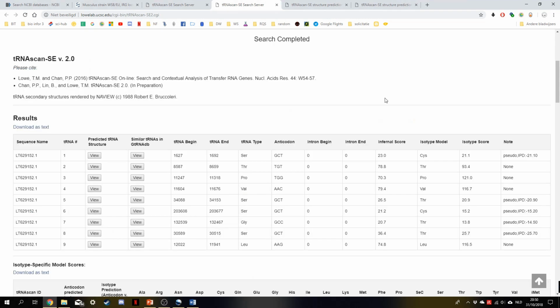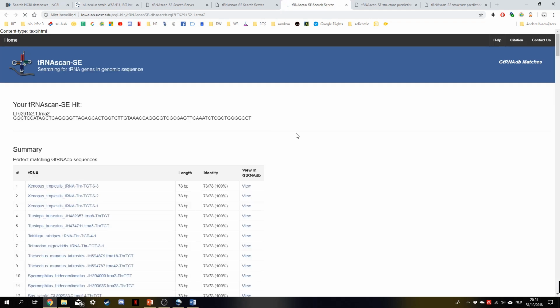So other than that, there is still one other important part that has to be discussed, which is the similar tRNA sequences that can be found in the genome tRNA database. Let's take a good example, this one. Then you can see two lists. The first list is a list with perfect matching tRNAs from the database.